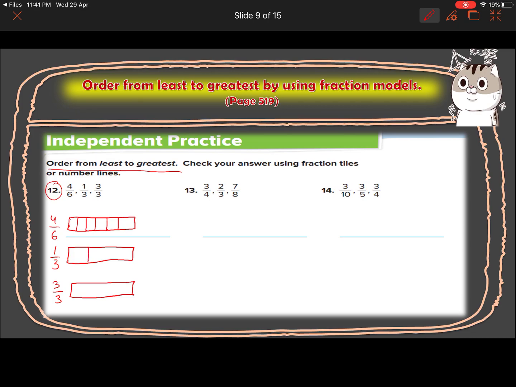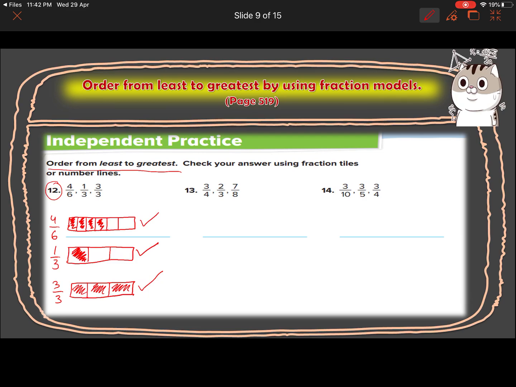And for 1/3, how many equal parts are there? 1, 2, and 3. And for 3/3, 1, 2, and 3. Now, for 4/6, how many color parts are there? 1, 2, 3, 4. And for 1/3, how many color parts are there? 1. And for 3/3, how many shaded or color parts are there? 3.